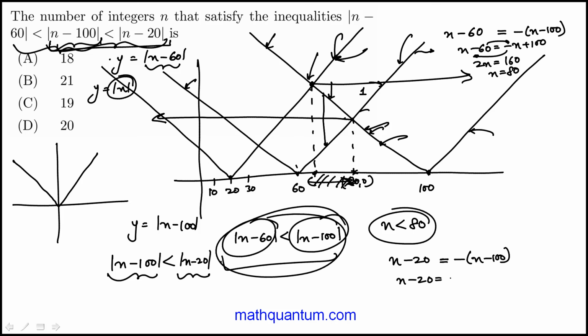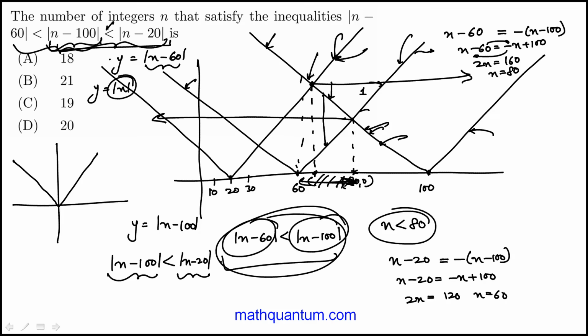And again, this solution will give me the n value. So n is 60. So all the points between 60 and 80 would satisfy that, because remember, this is less than, not equal.